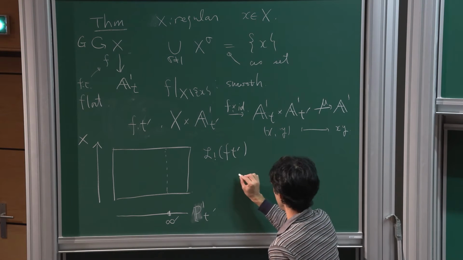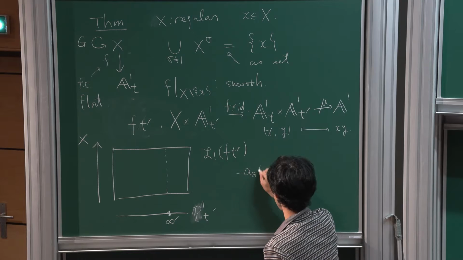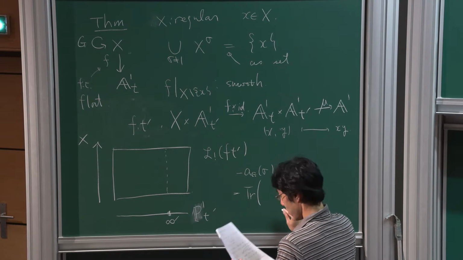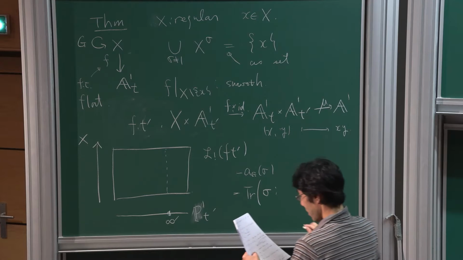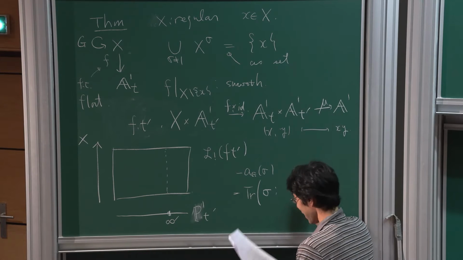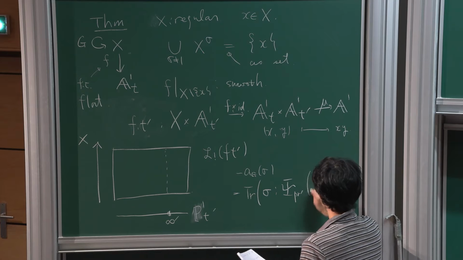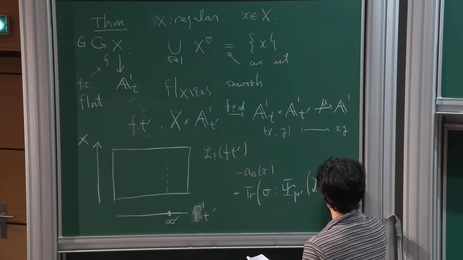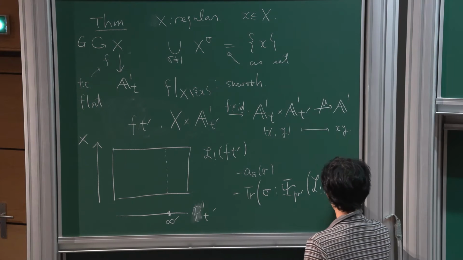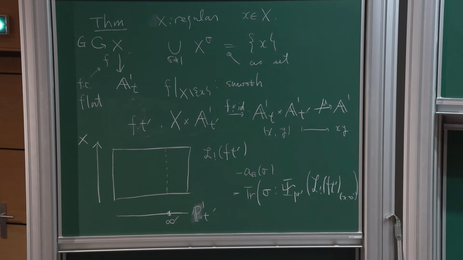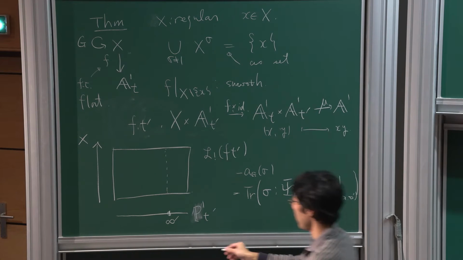And my claim is that minus the Artin conductor of sigma is equal to the trace of sigma on psi of pr prime, L shriek, f T prime, at (x, infinity prime). So pr prime is this direction.